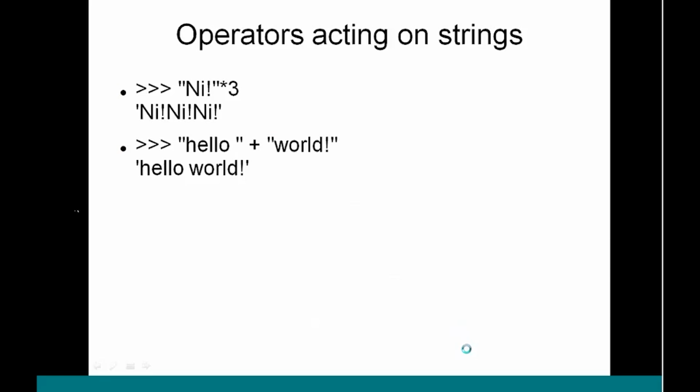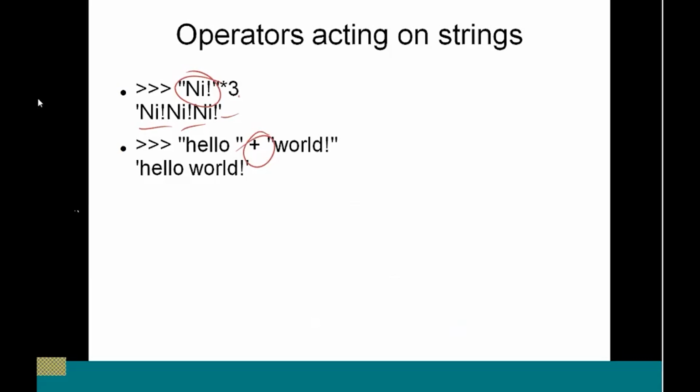Some of the things that we saw in Tickle are still applicable in Python. For example, string multiply. If you have a string operator times 3, it is simply those things times 3. And then you can also use a plus operator or an addition operator on strings, and it just prints them out together.